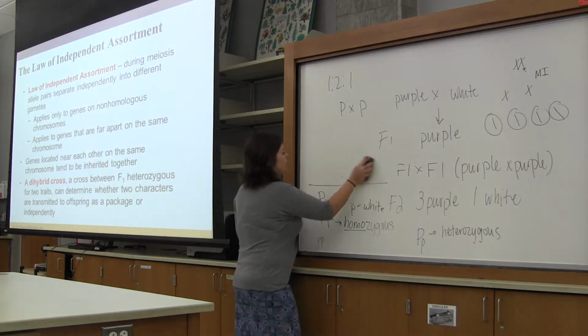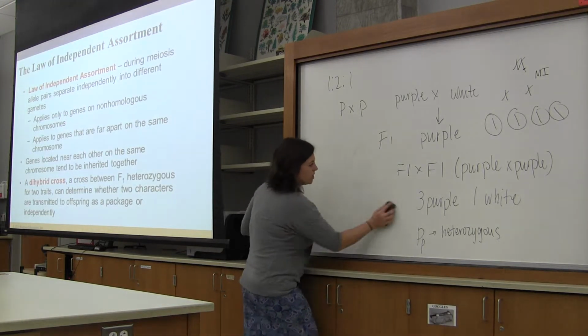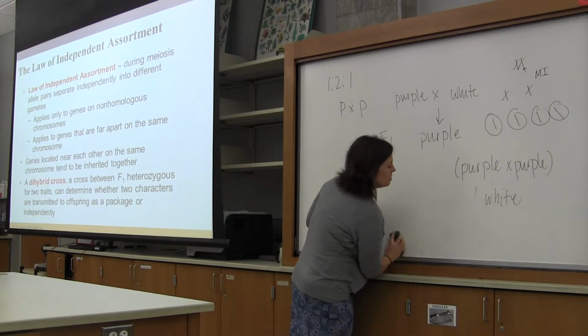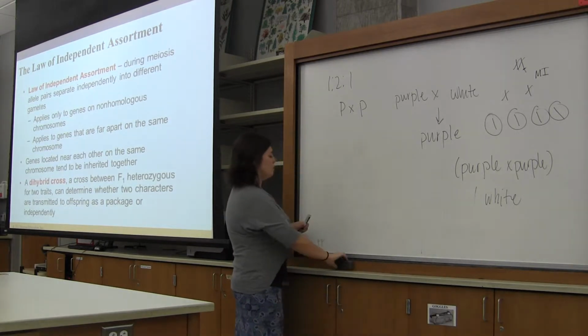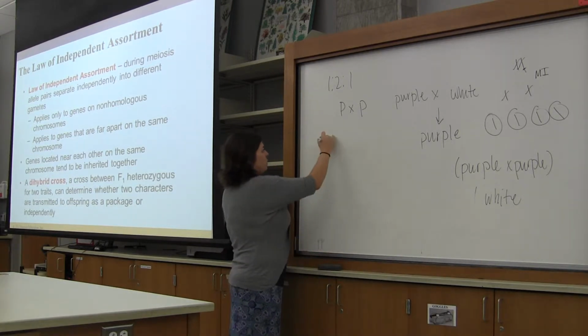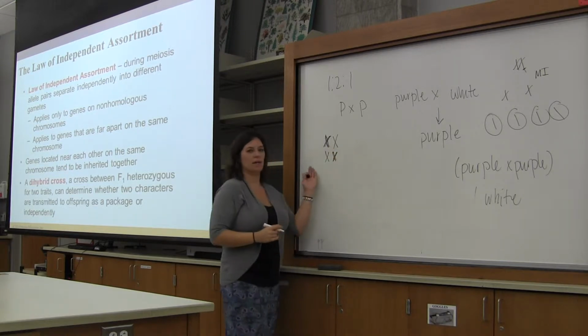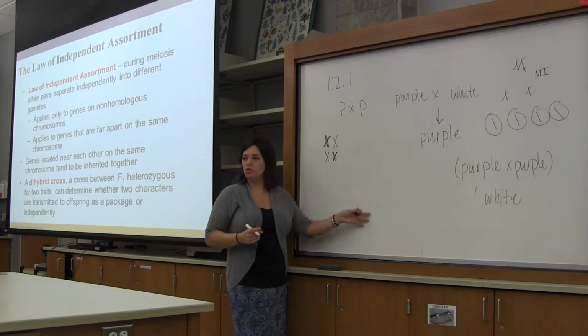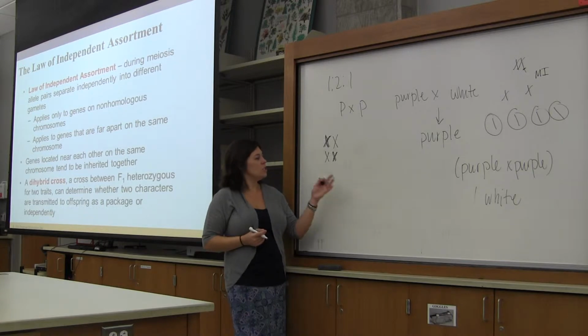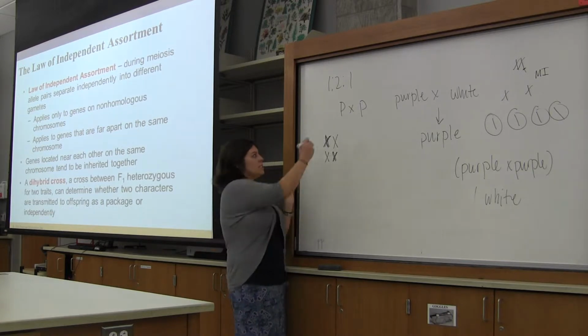If we look at the different combinations, remember if we've got mom's chromosome and dad's chromosome, depending on how these align is going to dictate which alleles get distributed in which gametes. So they could be arranged like this.